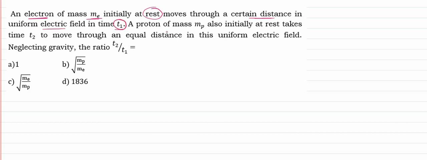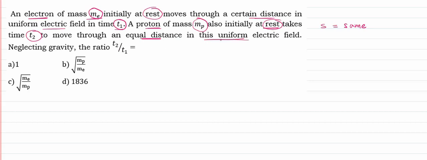A proton of mass m_p, also initially at rest, takes time t2 to move through an equal distance. So in both cases the distance S is the same. You are required to find the ratio of t2 by t1.